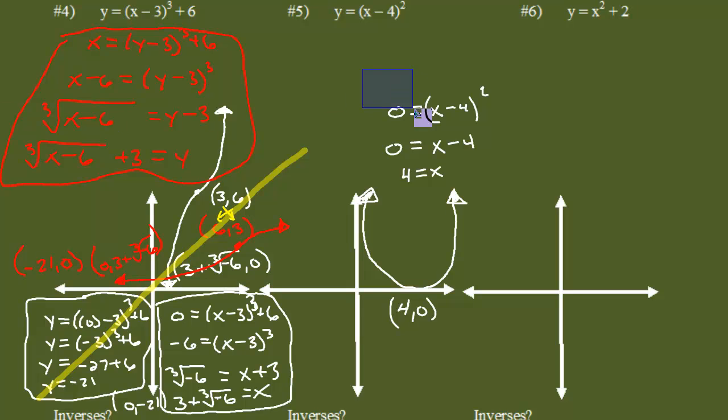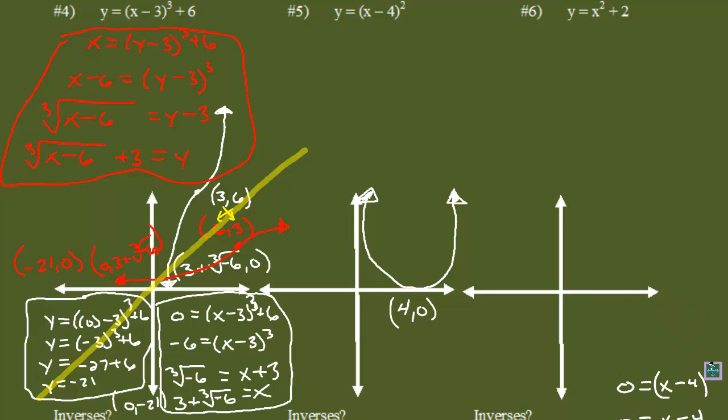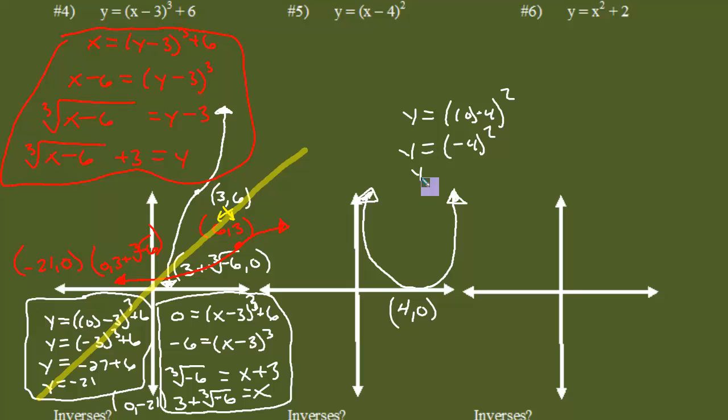So I need to find the y-intercept. This work is actually completely unneeded, other than the fact that it helped me find my mistake. To find the y-intercept, I'm going to put 0 in for x, which is going to be negative 4 squared, which is positive 16.